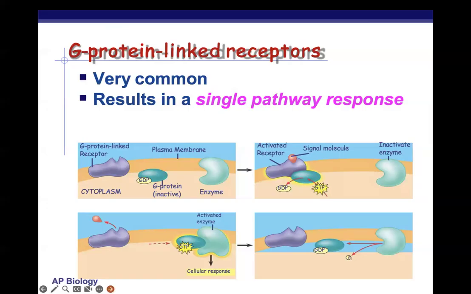So start to think about what changes to this reception part could cause if the signaling molecule stays bound too long, or if the shape of the receptor changes, or if the receptor isn't present on the plasma membrane at all, or if the signaling molecule's concentration decreases. Those are the types of things that you're going to want to know for the test in class and on the AP exam.